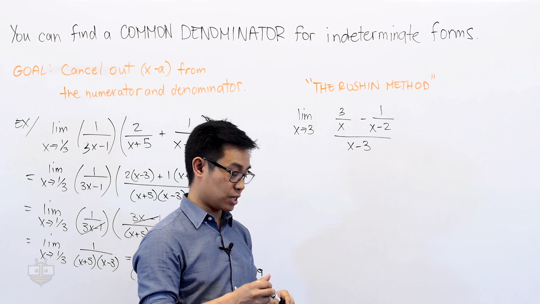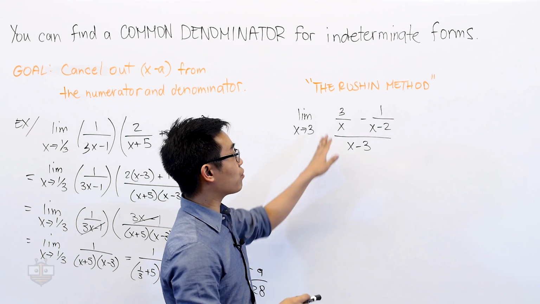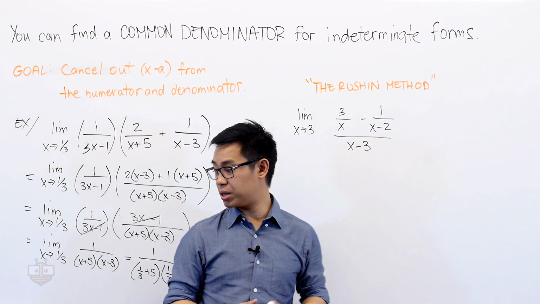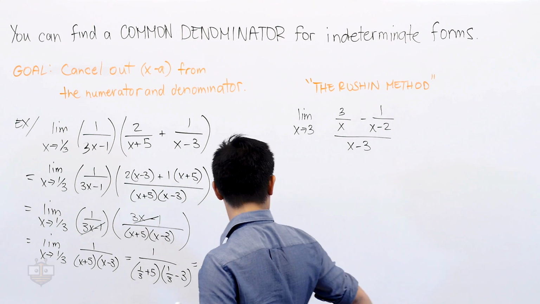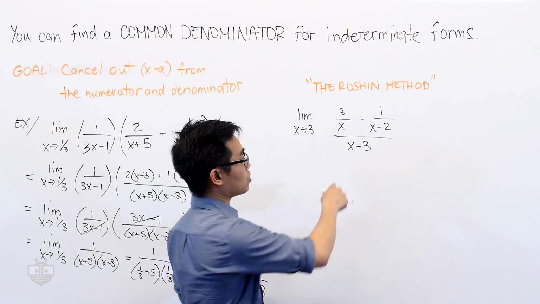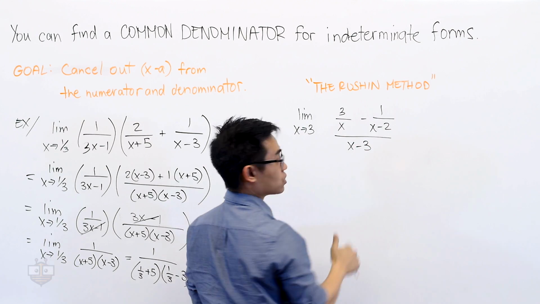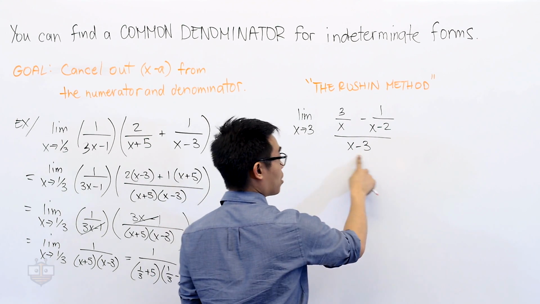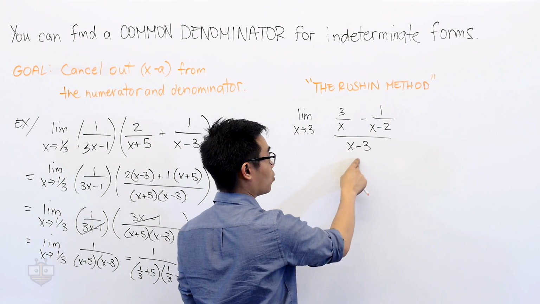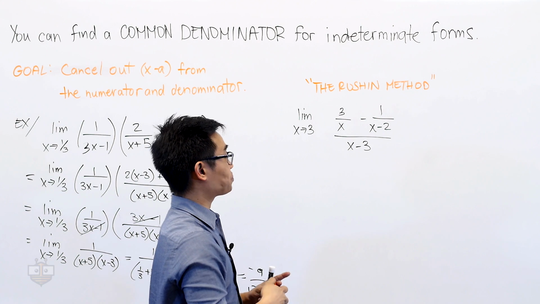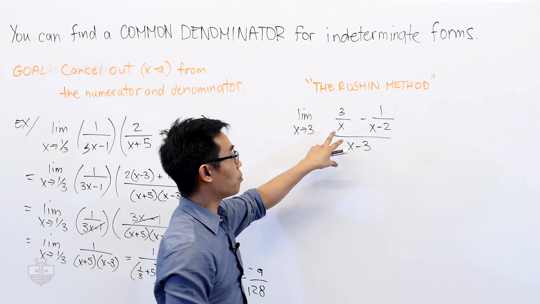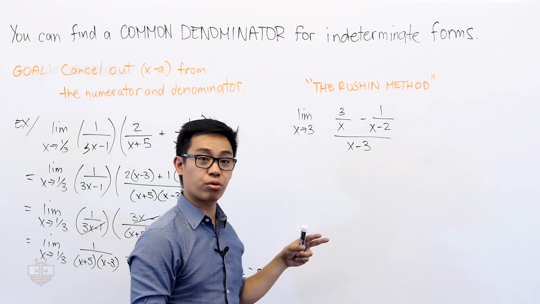What the Rushin method is, you can multiply every term by the common denominator. So the common denominator between these three terms: the denominator of this term is x, the denominator of this term is x minus 2, and the denominator of this term is actually 1. So what is the common denominator between all three terms?